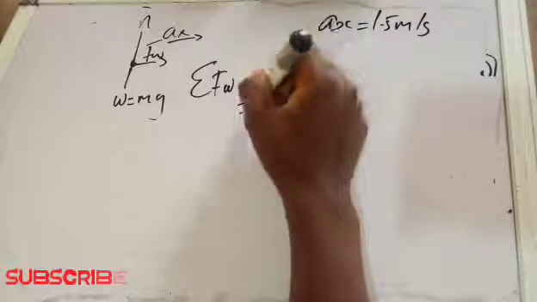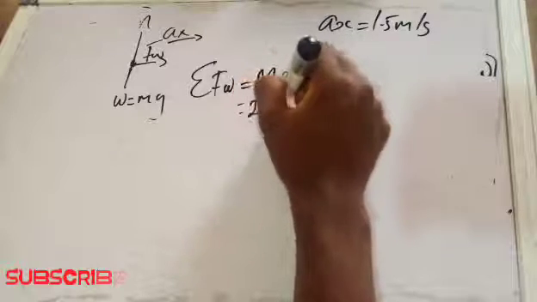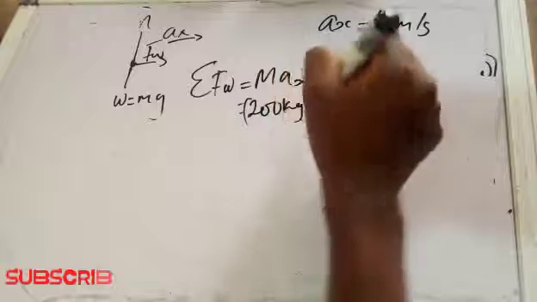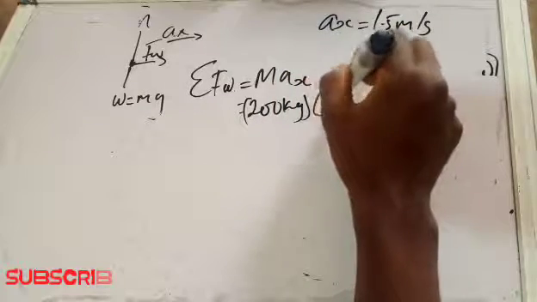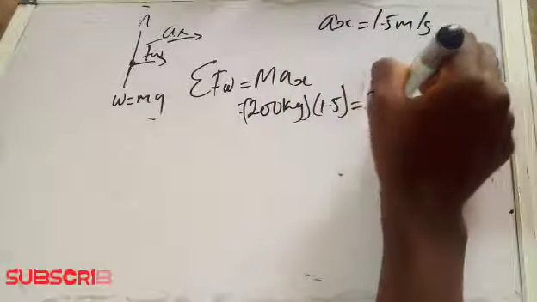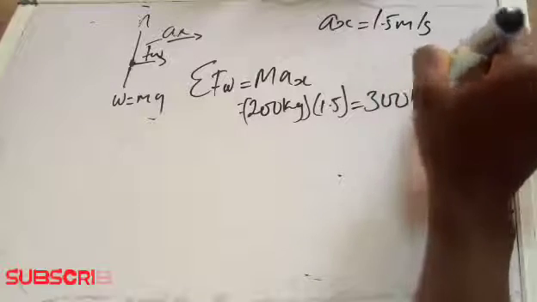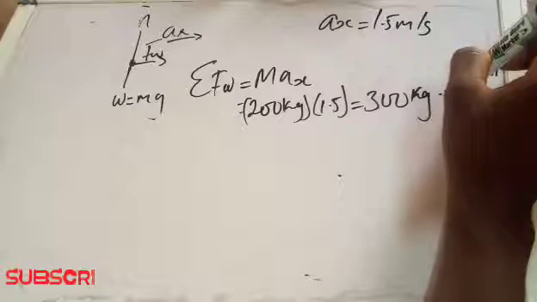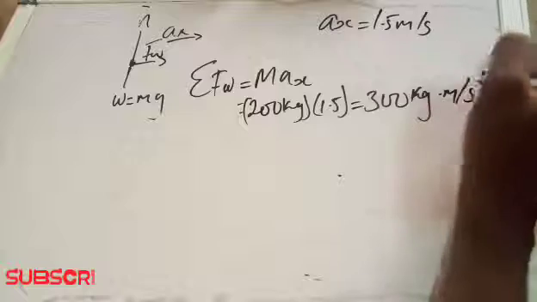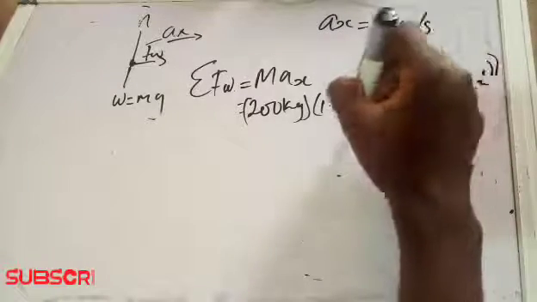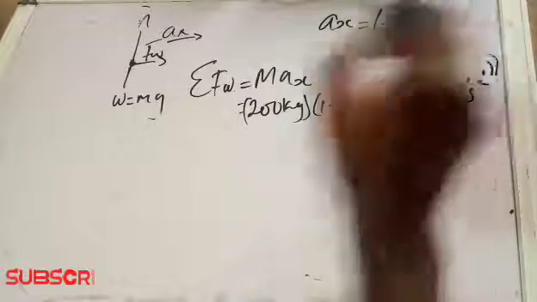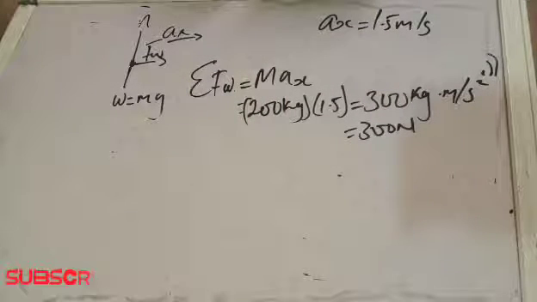The mass of the ice boat and the rider is equal to what? 200 kilograms, and ax is equal to 1.5, which is equal to 300 kilogram meters per second squared. This is also equal to 300 newtons because it is force.